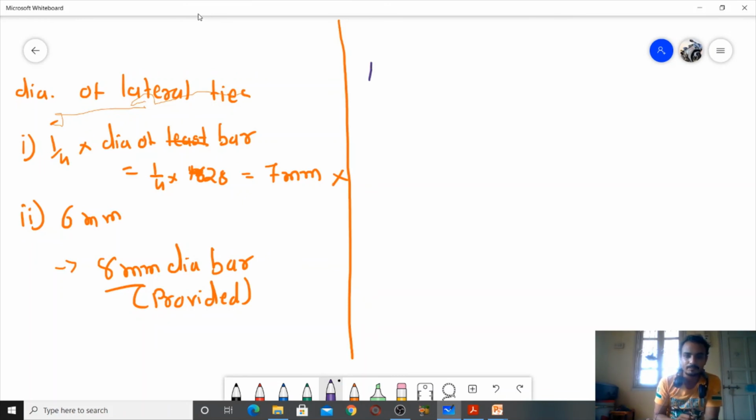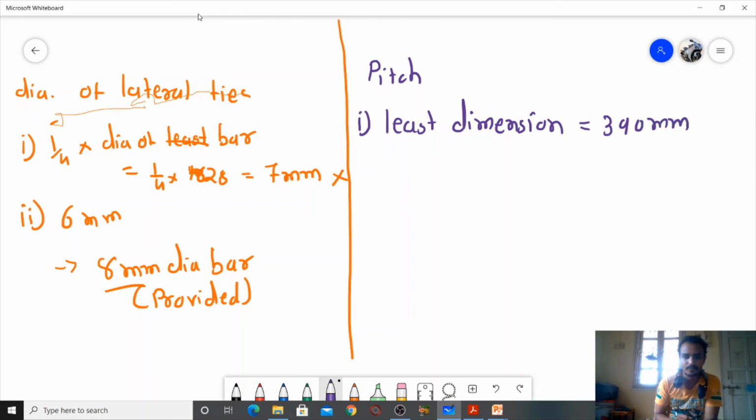And the second one is the pitch of lateral ties. For the pitch we have three conditions here. Least lateral dimension is 390 mm. Second, 16 into the diameter of bar, which is 16, so the value is 256 mm.